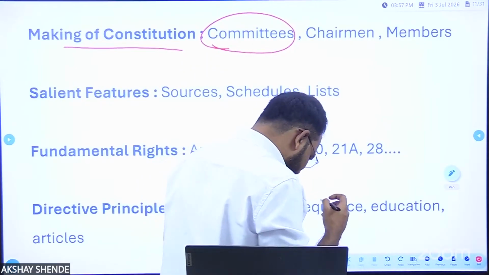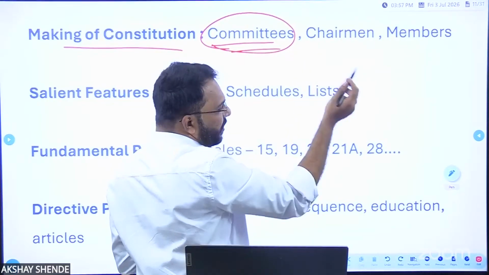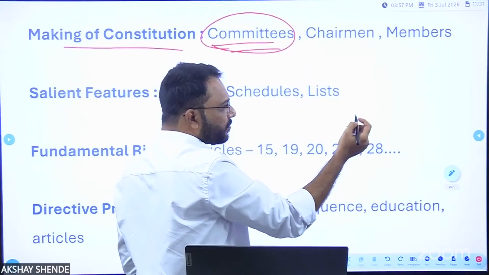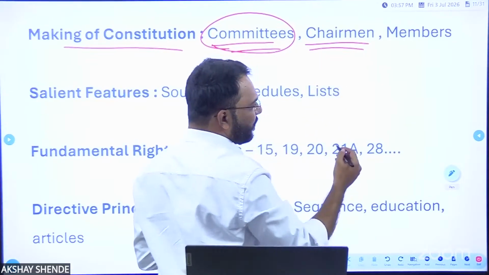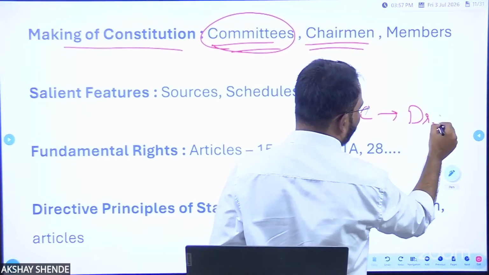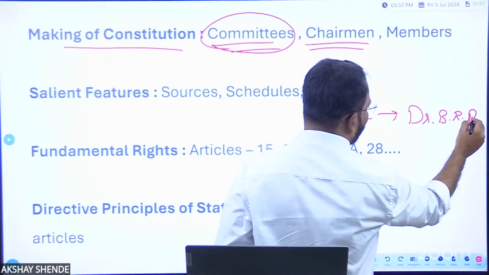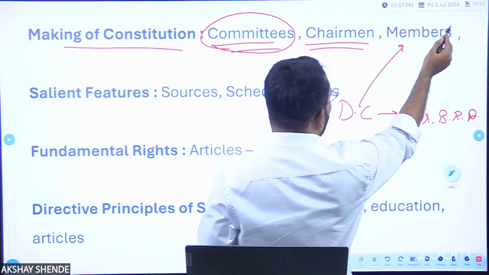Now, in that case, they will ask you who were the chairman. Like for the drafting committee, who was the chairman? The answer would be Dr. B.R. Ambedkar. Fine. For the drafting committee, they will also ask who were the members.